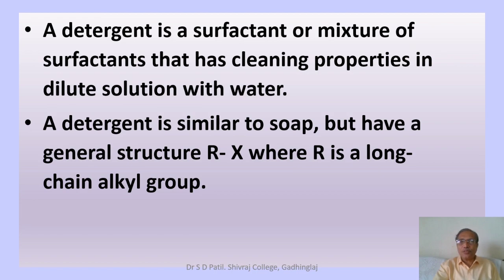Two things we have seen which differ in soaps and detergents. Soaps have general formula RCOOM and detergents have general formula RX. The other thing is that detergents are purely synthetic. Due to limitations of soaps, detergents were discovered.